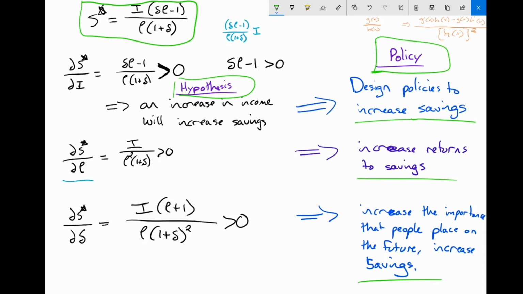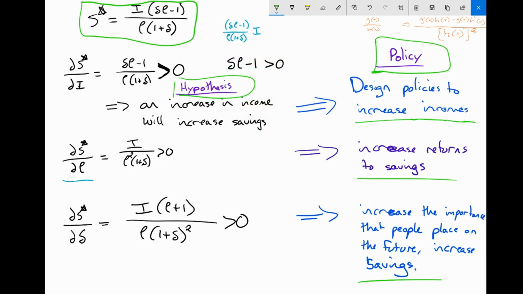Okay, so we're very interested now. So let's design some policies that will increase incomes. The idea is that we want to increase incomes because increasing incomes will increase savings. Now, in a very simple model like this, some of them are obvious. You might be looking at this and saying, well, I can just think about it.